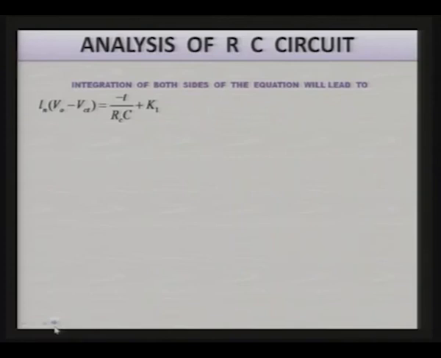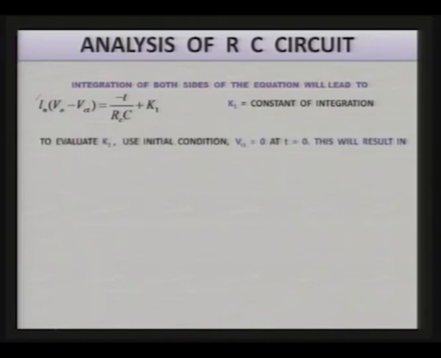integration of both sides of this equation will lead to ln, that is the natural logarithm of V 0 minus V c t equal to minus t over R c C plus k 1, where k 1 is the constant of integration. We integrated the earlier equation given in the earlier slide.